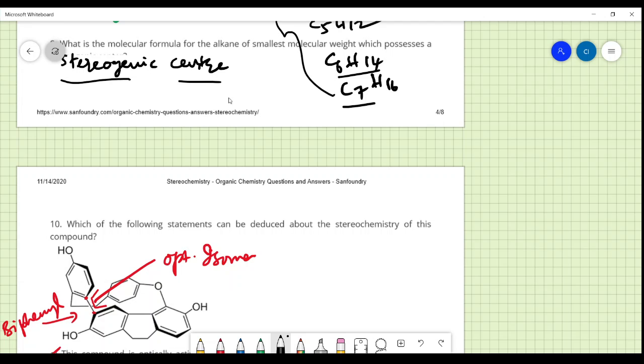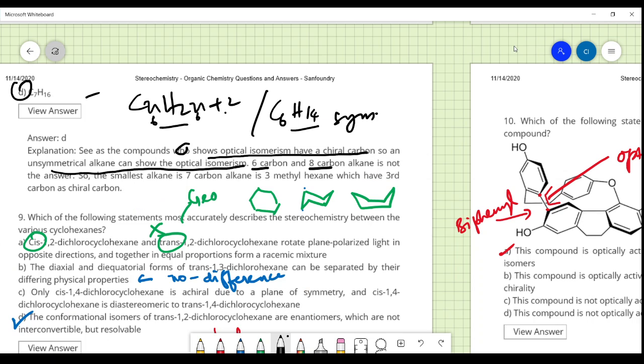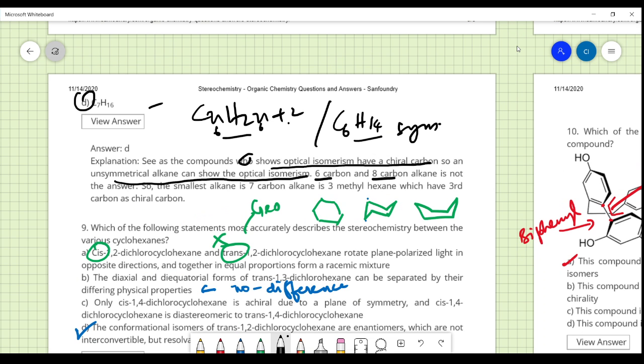C5H12 is also symmetrical. C7H16, C7: 2 into 7, 14, plus 2, 16. You have to draw individual structures to find out this.